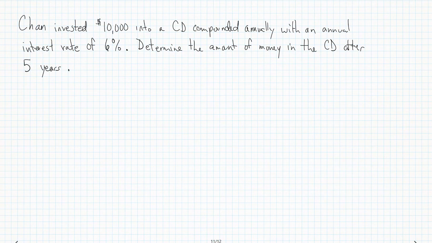So Chan invested $10,000 into a CD compounded annually with an annual interest rate of 6%. Determine the amount of money in the CD after 5 years. So this was the compound interest formula. And keep an eye on T. Where does it appear?